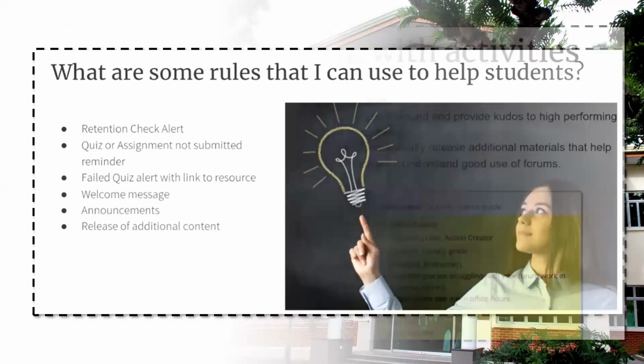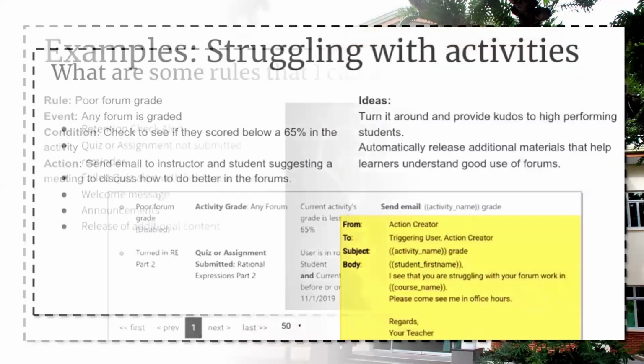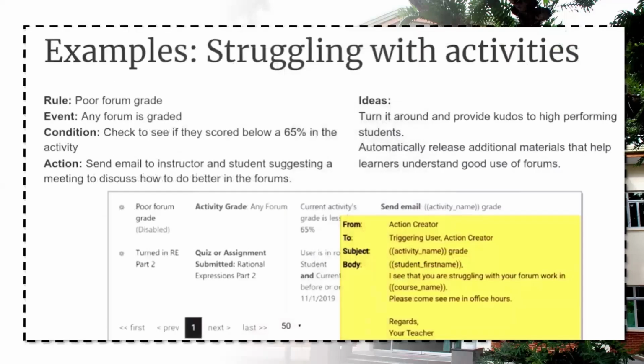Okay, so let's go directly to our first example. Here we have a forum. The rule name is poor forum grade. Let's say you have this forum set up for your students, and some of the students got a really low score on that particular forum.